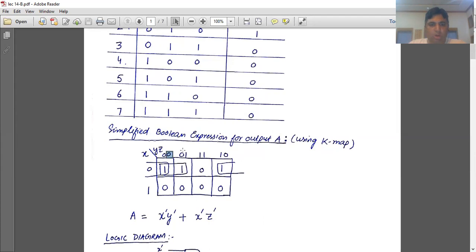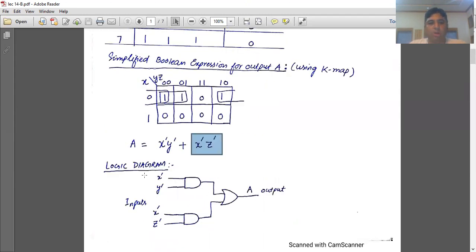Z is 0 here, z is 1 here, so z is eliminated, and x is 0 and y is 0. So x bar y bar is the first term. Then taking the edges, which variable is eliminated? Y is 0 here and y is 1 here, so y is eliminated, x is 0 and z is 0, x bar z bar. So this is the simplified equation of the output A, and this is the logic diagram.